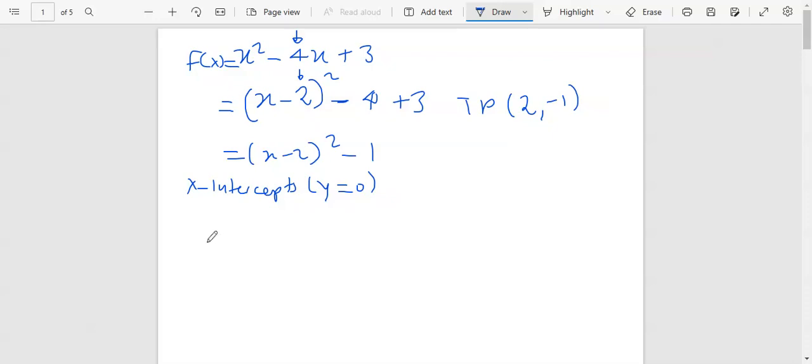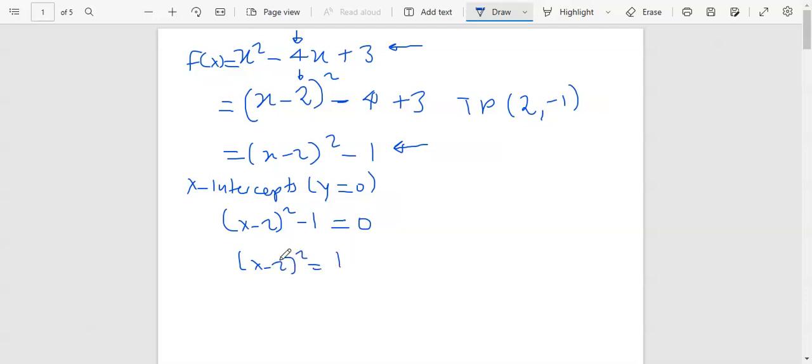It will actually be even easier to get this point if I just get the one on top and find the product and the sum, but I'll show you just this one down. Whichever you use, it will be the same. So x minus 2 squared minus 1 is of course equal to the function. So equate it to 0. Take 1 the other side, so that will be x minus 2 squared being equal to 1.